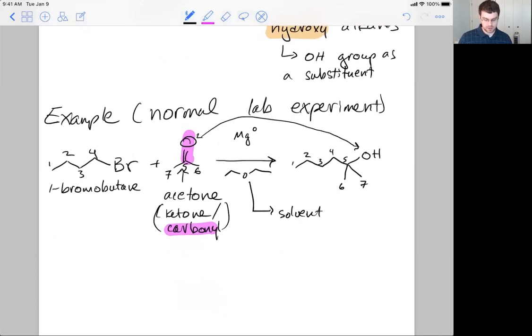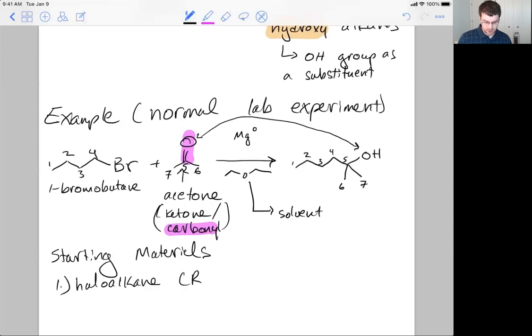So the starting materials are, again, number 1, the haloalkane, which is RX, and in this case it is 1-bromobutane.